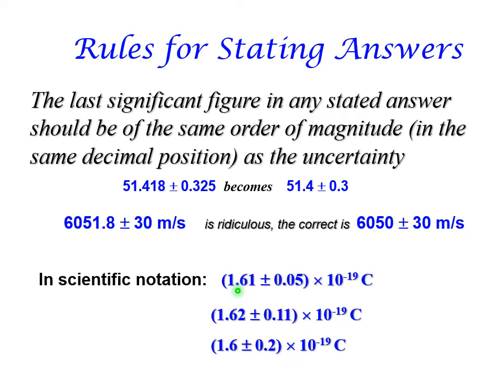So for example, the proper answer will be 1.61 plus minus 0.005 times 10 to the power 19. If uncertainty is larger, it can be 1.62 plus minus 0.11. If uncertainty is even larger, we are removing the next digit, so you'll have 1.6 plus minus 0.2. Same.